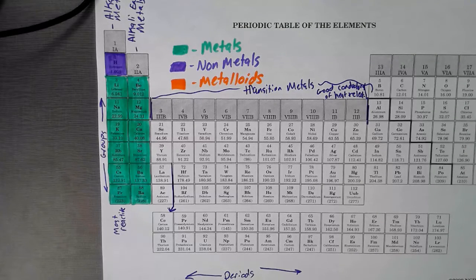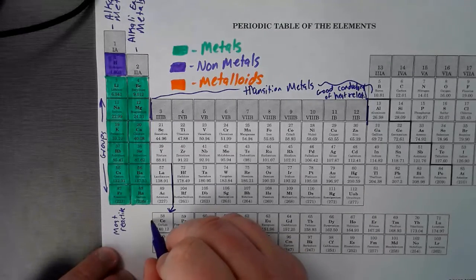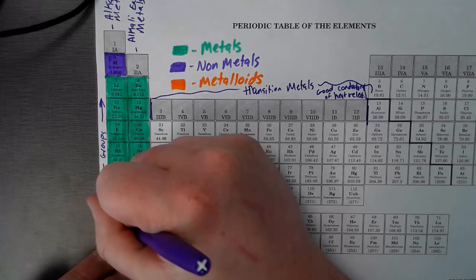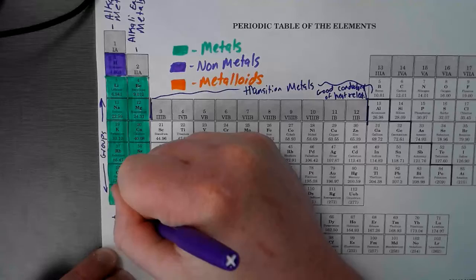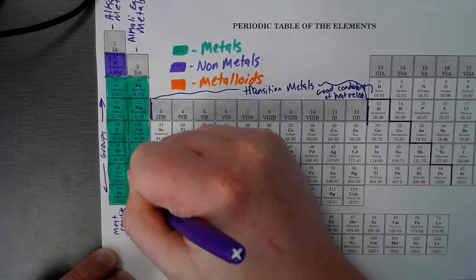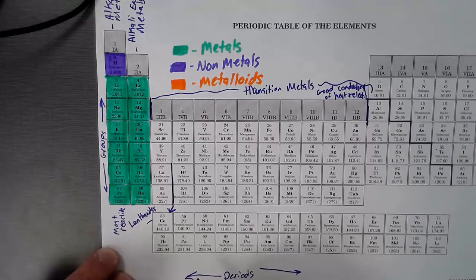The elements in these two periods share many of the same properties. The lanthanides, which are these right here, are generally shiny and reactive.